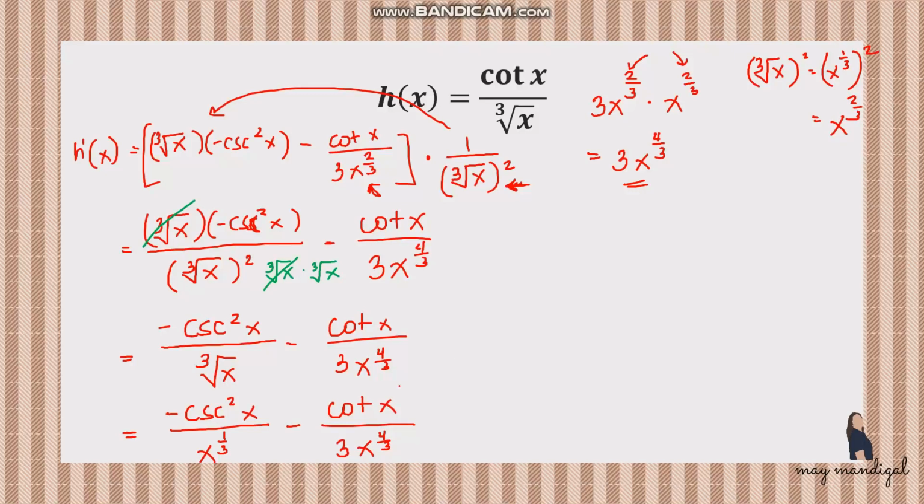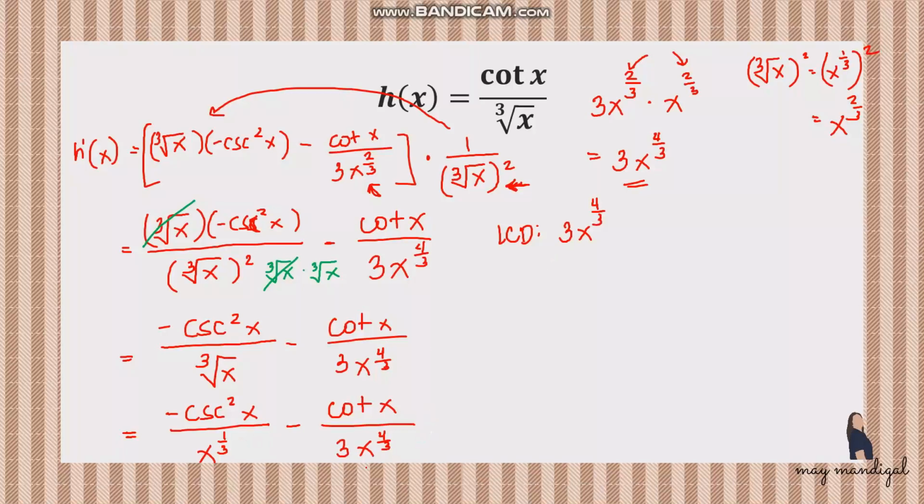Now we have to get the LCD. The LCD of these 2 terms will be 3 times x raised to 4/3. Why 3? Because the coefficient of this is 1, and this is 3, so the LCD of 1 and 3 is 3. And then we have 1/3 and 4/3.